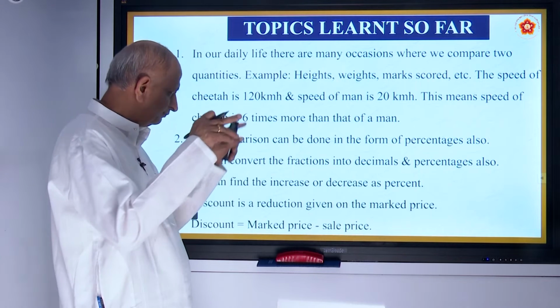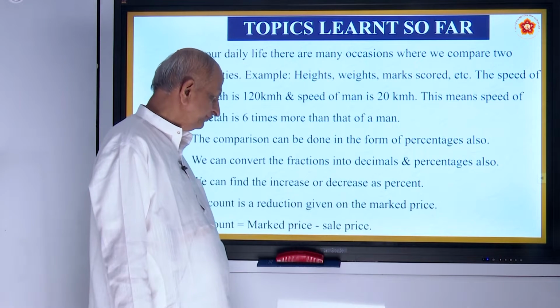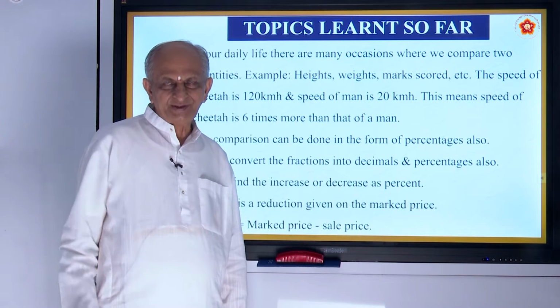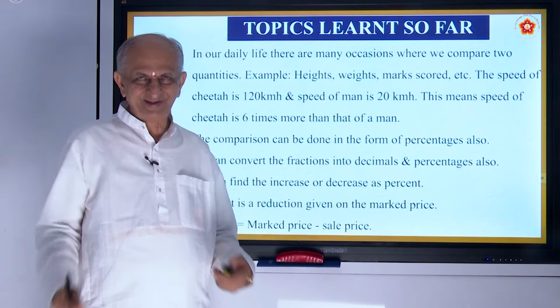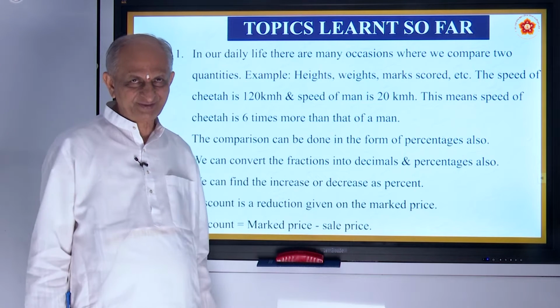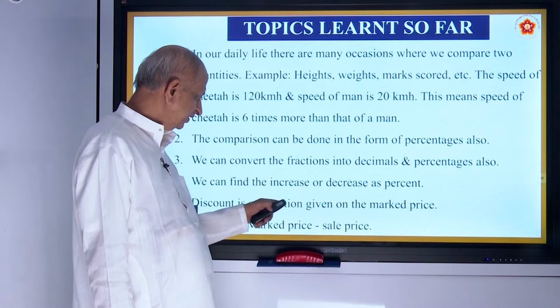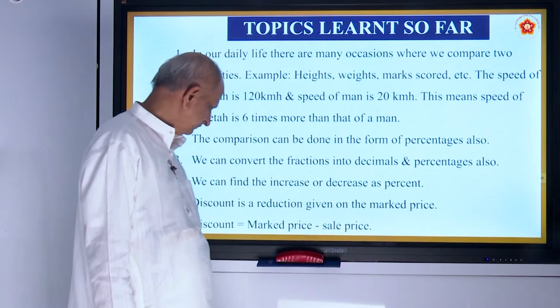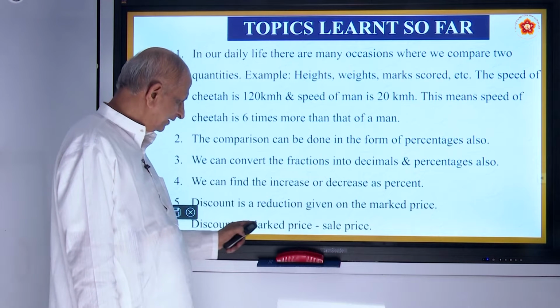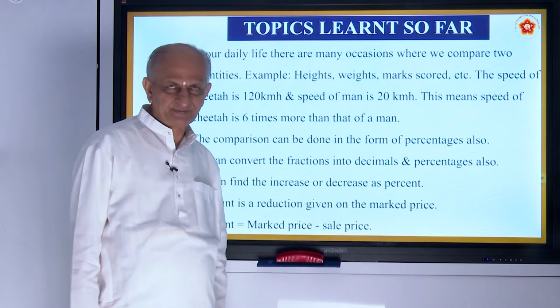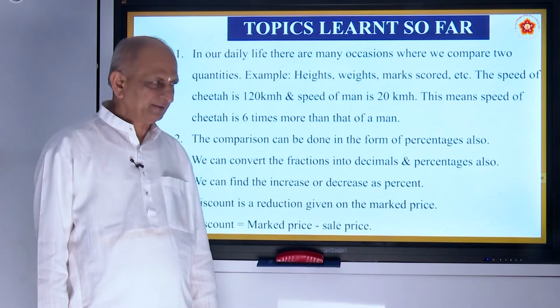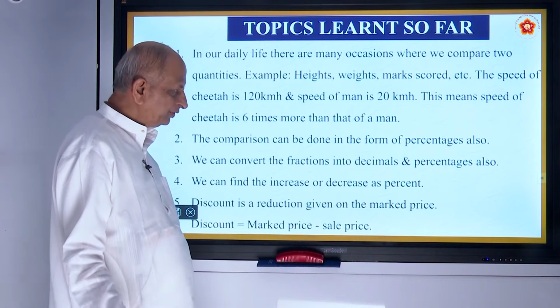We have already seen discounts for the Diwali festival or for the Dasara festival, Christmas and all. They put a board in front of their shops, discount sale. They give a lot of advertisements on TVs, is it not? What is discount? It is a reduction in the market price. So discount is equal to market price minus sale price, correct? Why do they give discount?